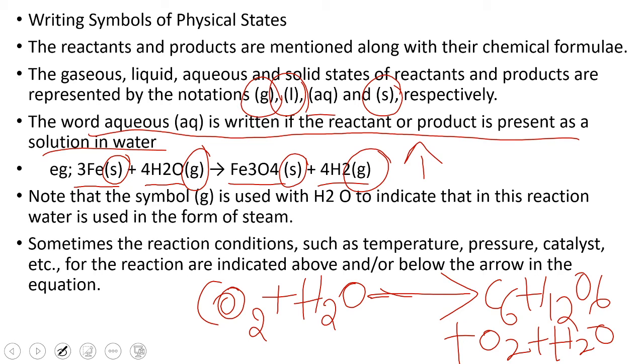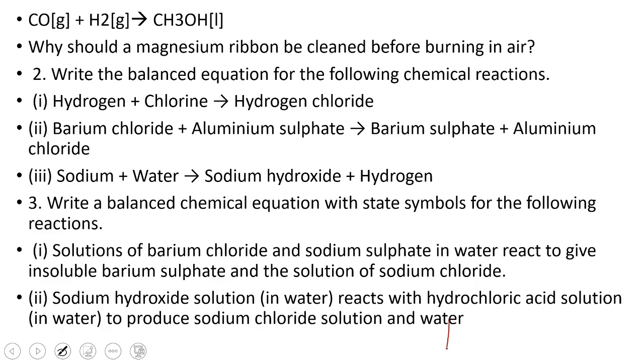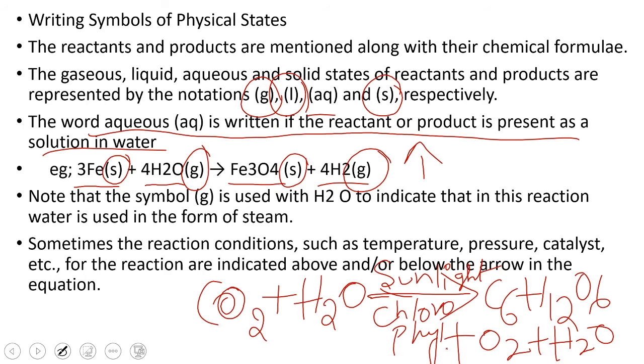This is not a balanced equation, remember. So, you know that for photosynthesis, sunlight is necessary and chlorophyll is necessary. So, anything which is necessary for the reaction can be written above and below the arrow mark.